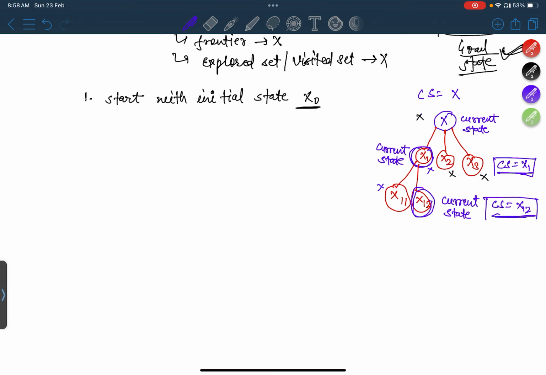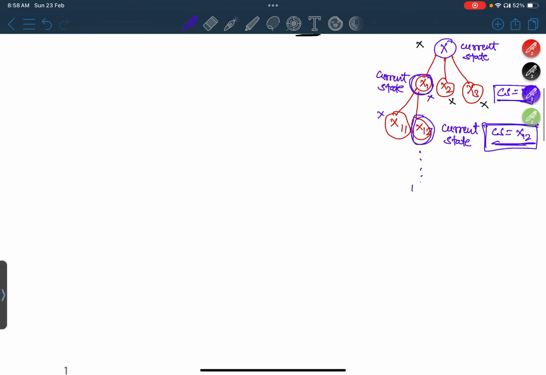It will continue with this, and this will go on until we reach a goal state, or no improvement state.